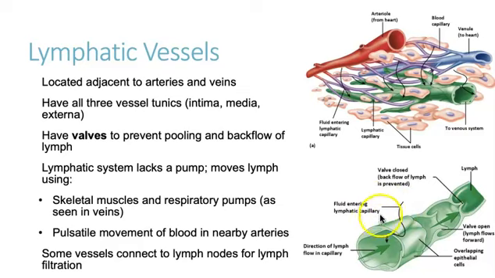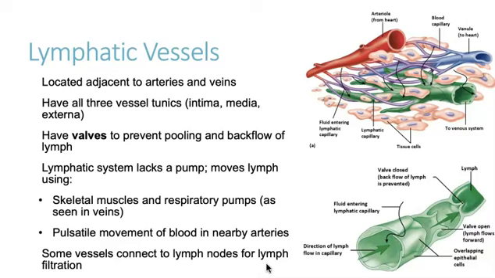So as the artery has that pulse or pressure of the blood moving through, it pushes upon our lymphatic vessel to cause the same thing to happen, for that fluid to move through. And some of these vessels are connected to lymph nodes, and our lymph nodes will help with lymph filtration. So we'll talk about that in a different section for more detail.